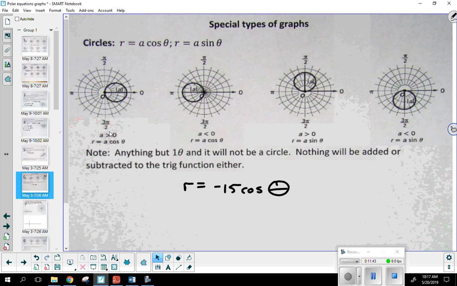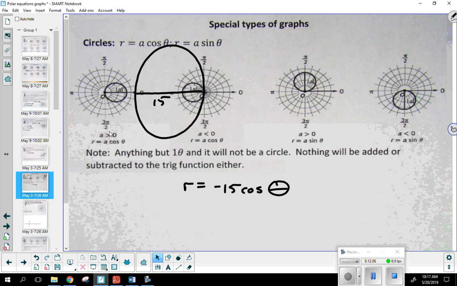Cosine, so it has to have symmetry with the polar axis. Now why are you saying left? Yeah, because a is less than 0. So you would see that the full length, the diameter of that circle, should be 15. So I would probably see a graph that looks something like this, where that maximum distance is going to be 15. Really, like everything else in mathematics, it's all about patterns and recognizing what's going to happen.